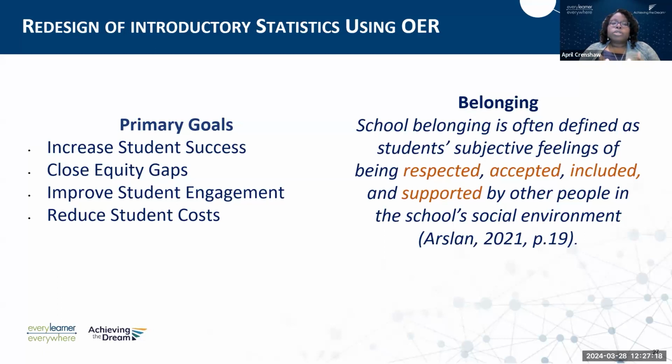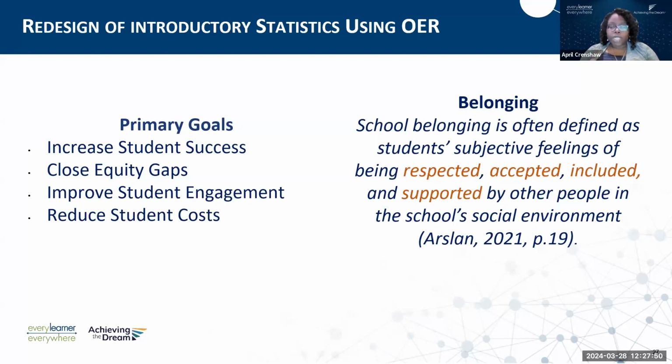And students weren't just struggling at Chat State. Digital Promise has done some research, and intro stats has been a challenging course for students nationwide. And so there's been a push to overhaul intro stats and find out what's going on in that course, not just at our institution, but at colleges and universities across the country, because students have just been struggling in that course. So we wanted to improve student success rates.